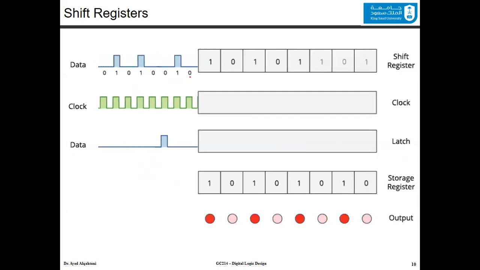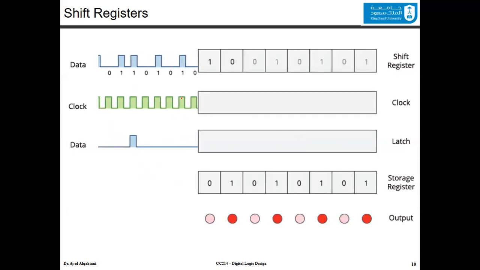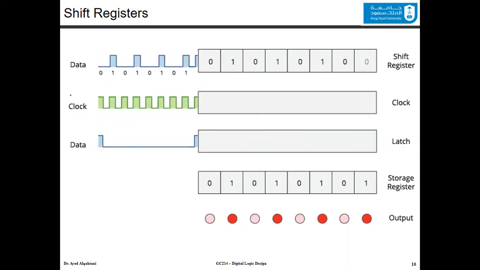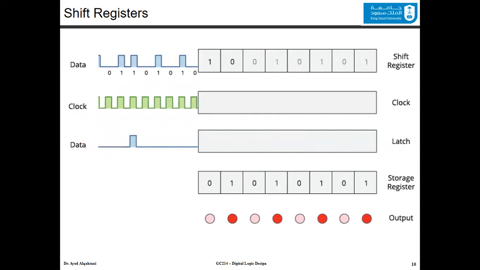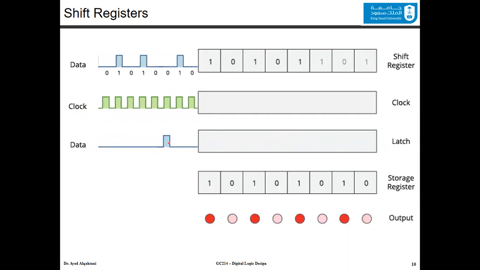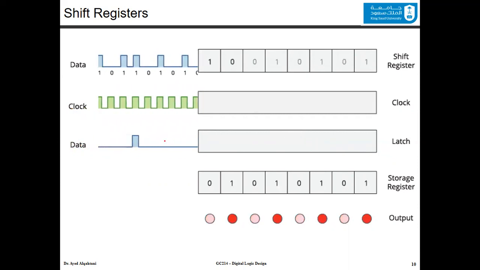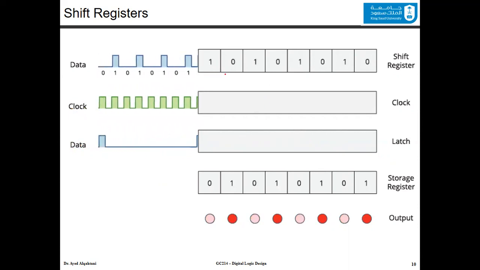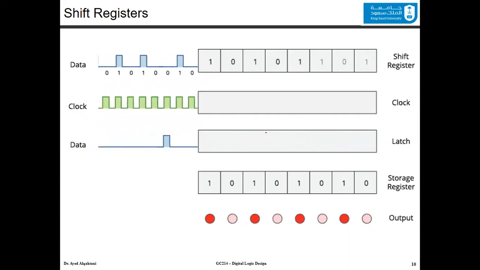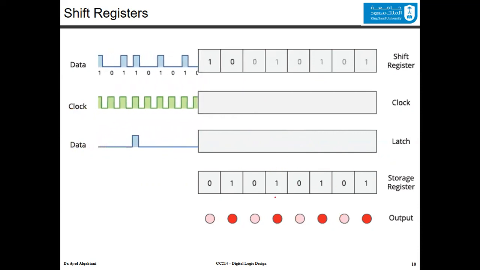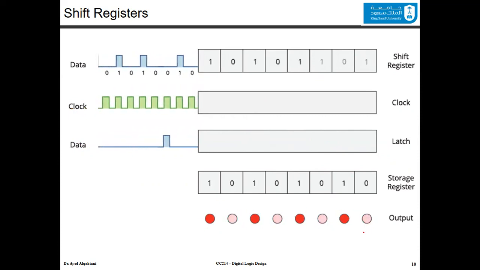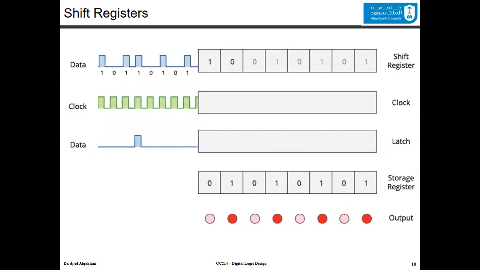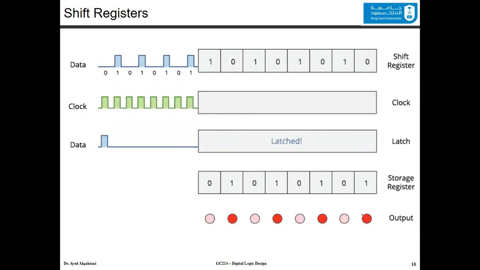Of course, this is a sequential circuit, and it's dominated by the clock cycle. This second data here is like a latching bit. When it is 1, you save whatever value you have in the shift register inside the storage register, and you show it in the output on the LEDs. As you can see, whenever there is a 0, it will be off, and 1, it will be on.